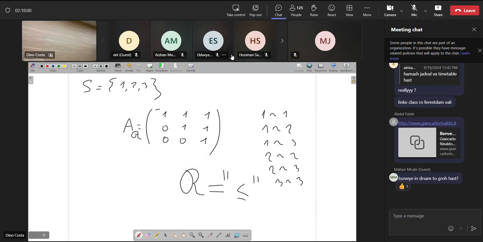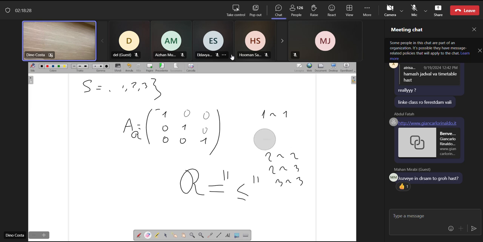Obviously, if we consider this new matrix, another matrix in which we put 0, 0, 0, here the relation is not anymore this one, because it is not defined.